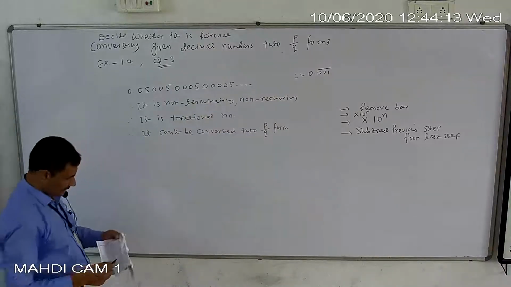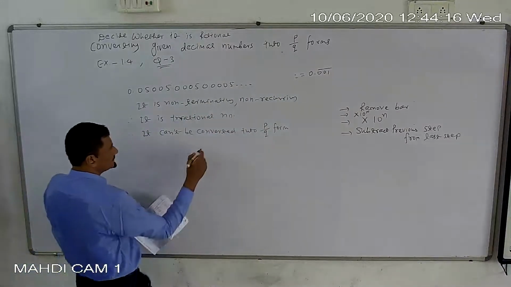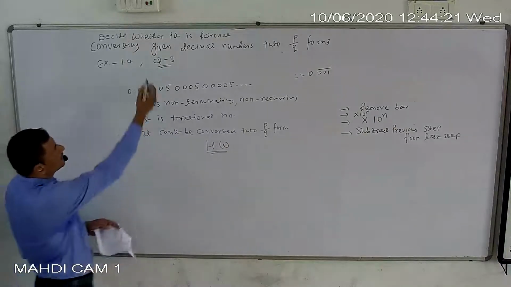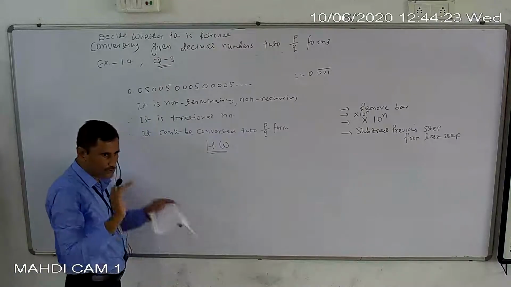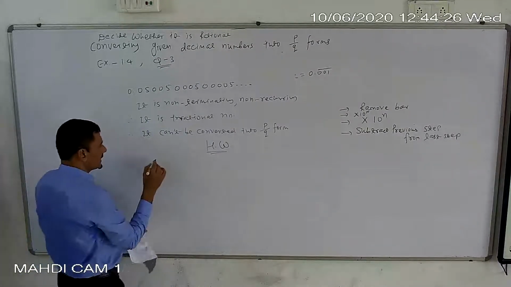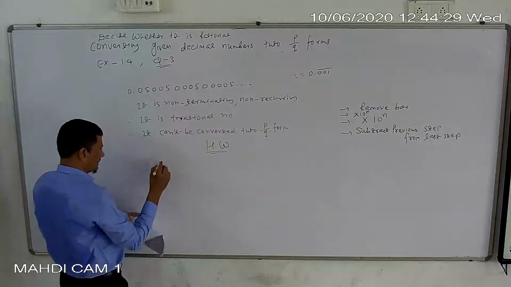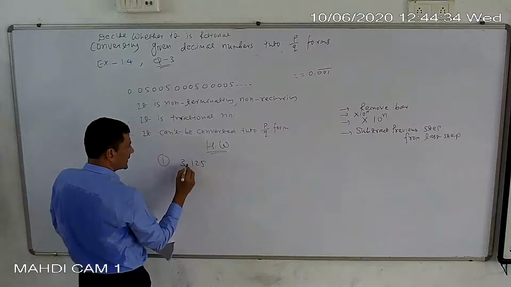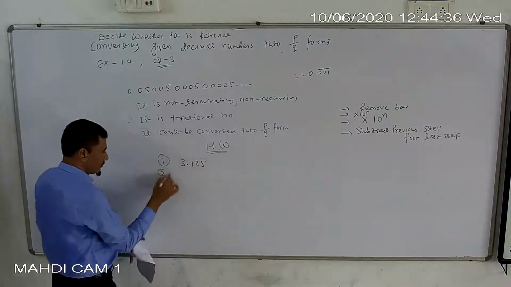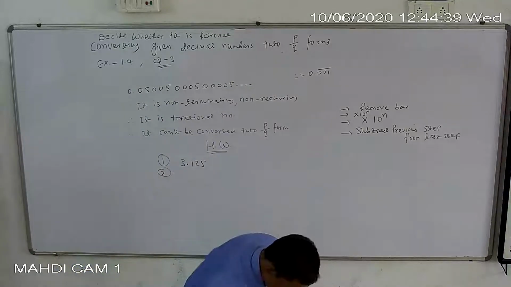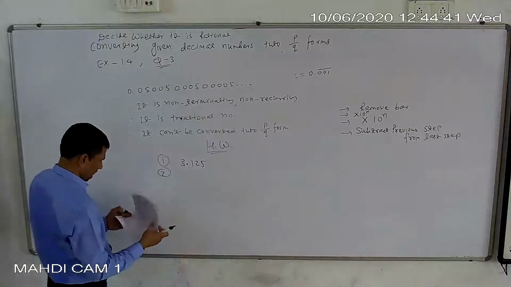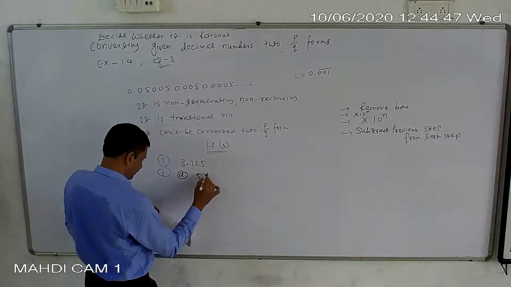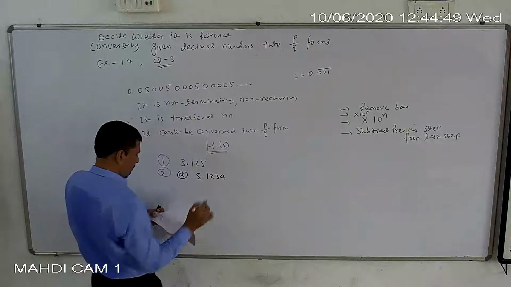Now I am giving you homework, today's homework. Instructions you already have, and you know today's point. Number 1, 3.125. Number 2, A, 5.1234.